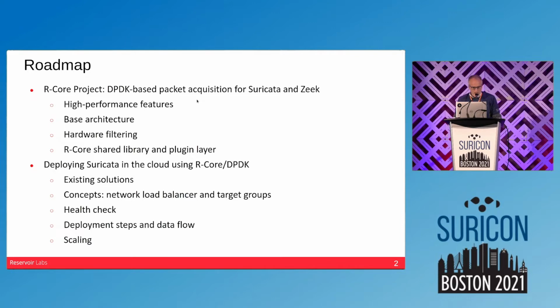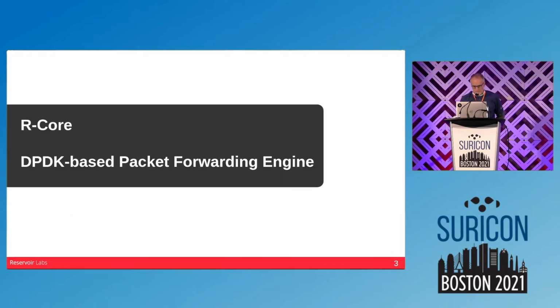Then on the deployment side, I'm going to be talking about existing solutions, some of the concepts, network load balancing, and target groups. There's a specific key strategic feature which is called health check to make that work, and deployment steps and data flow and scaling, basically.